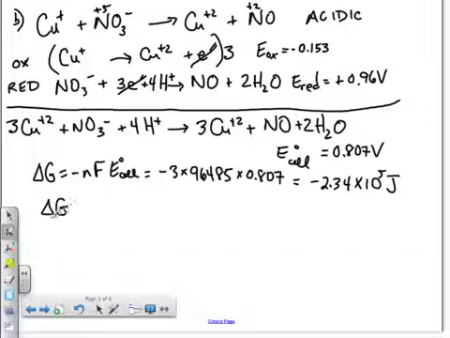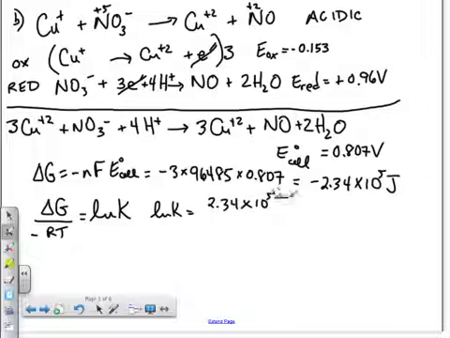Now we will take that delta G and calculate our K, because we're going to take delta G over negative RT equals ln of K, like we did previously. The negatives will go away, and ln of K is equal to 2.34 times 10 to the 5th joules over, I should just multiply these 2 things in the denominator since they're used every time.